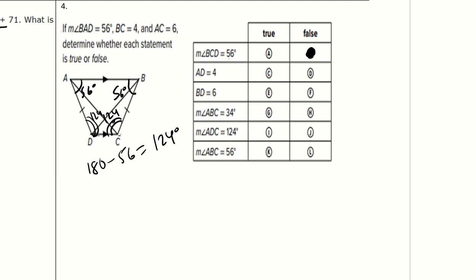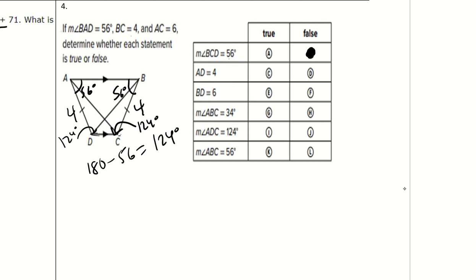AD is 4. Okay, so they said here that BC is 4. Actually, let me go ahead, because there's so much going on in this. So this angle is 124. This angle is 124. And it says BC, this side, is 4. Well, if that side is 4, then this side is 4, right? BC is 4.